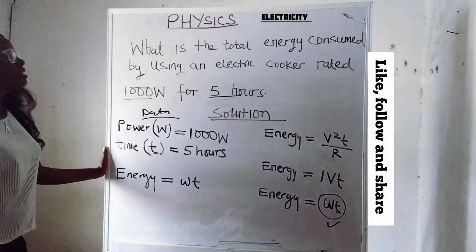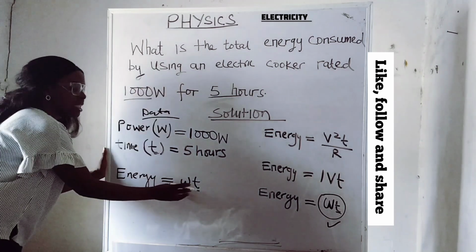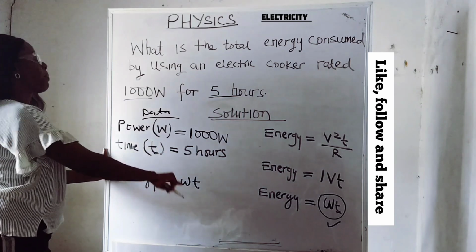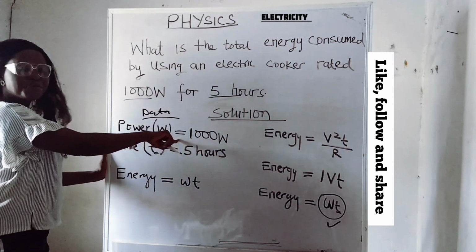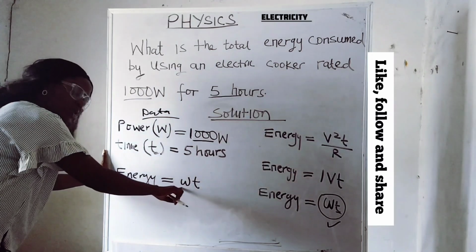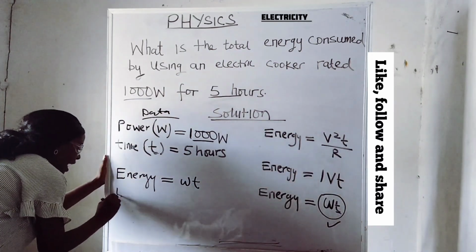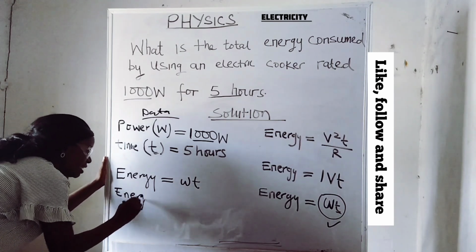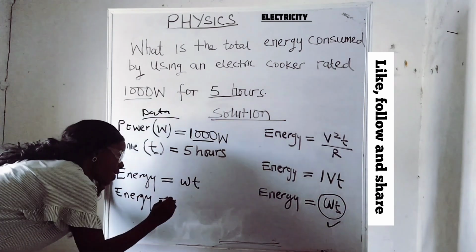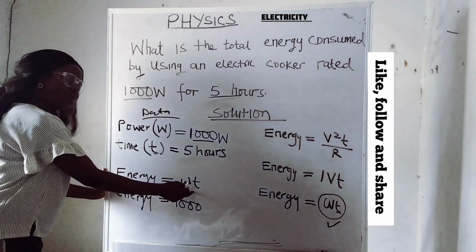Now, time to substitute the values given in this question into this formula. I start with W, which is power. They give us power as 1000 watts, so I substitute 1000 here. What of T, which stands for time?